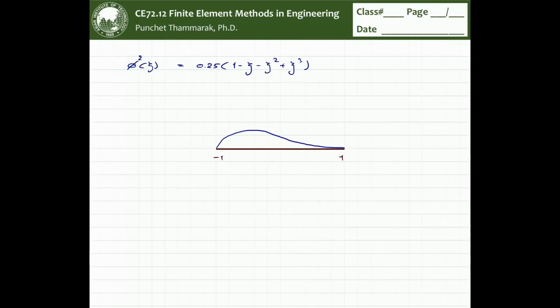In reality, your physical domain will be a different size.